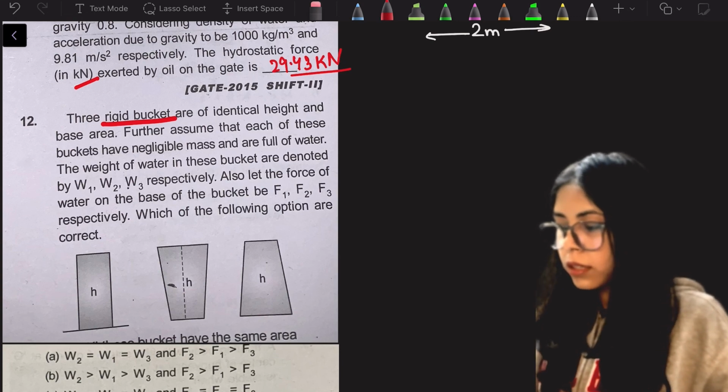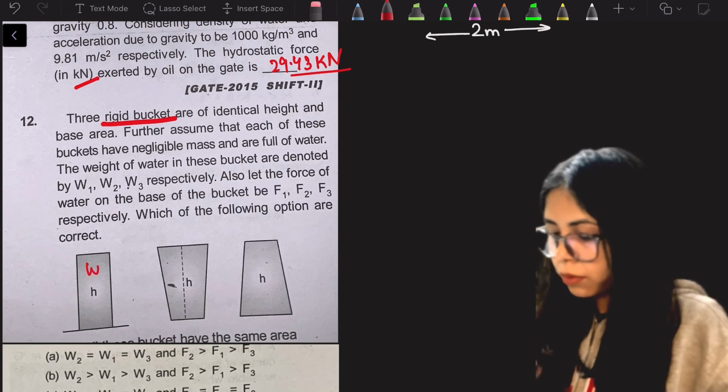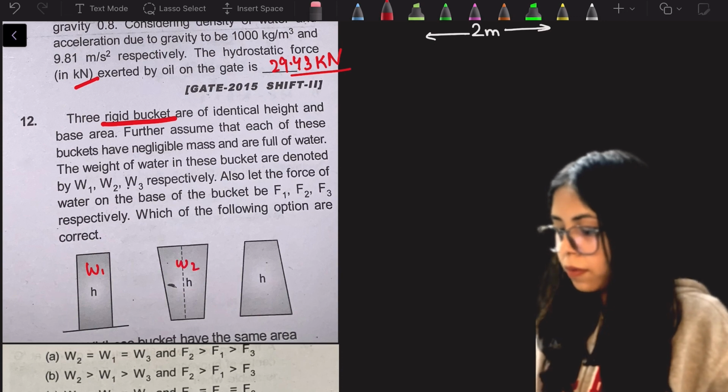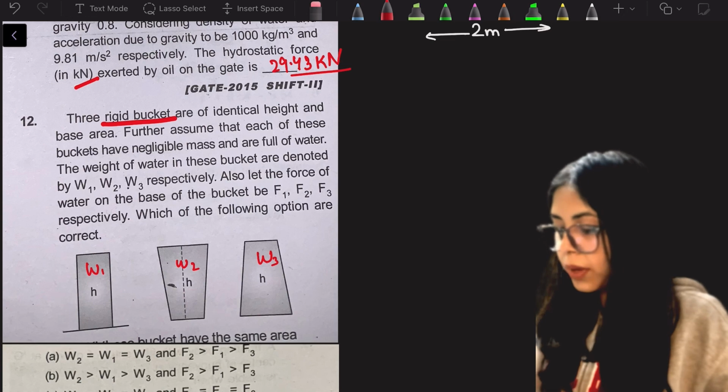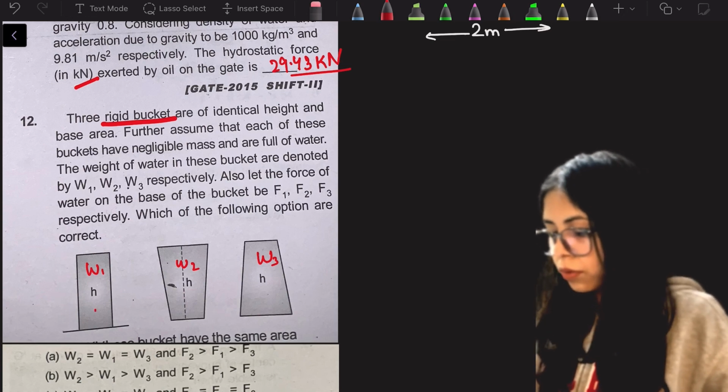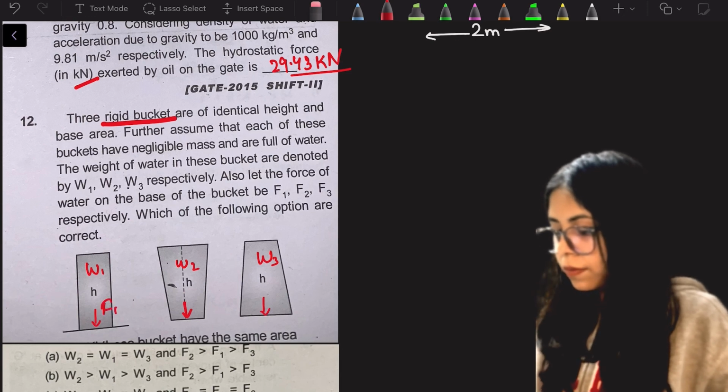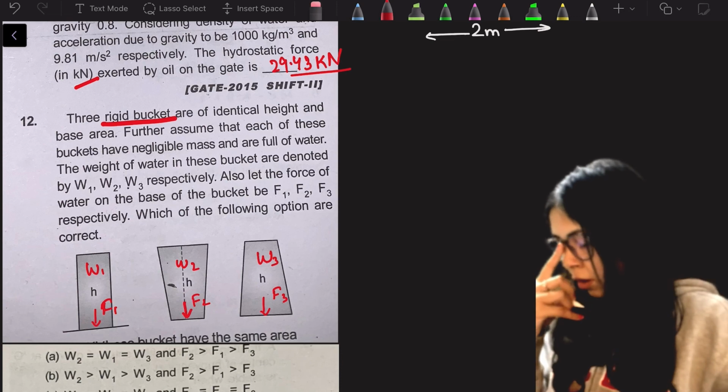Also, let the force of the water on the base of the bucket be F1, F2 and F3. Which of the following options are correct?